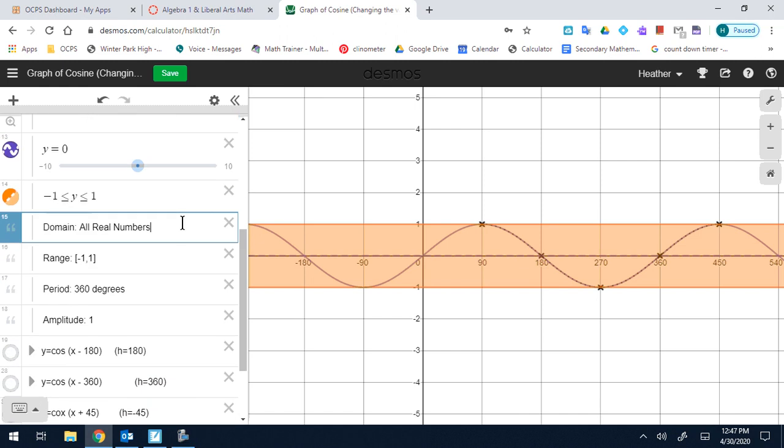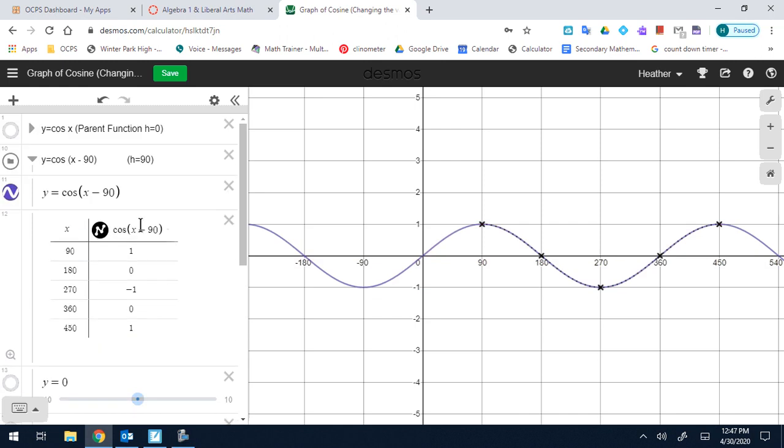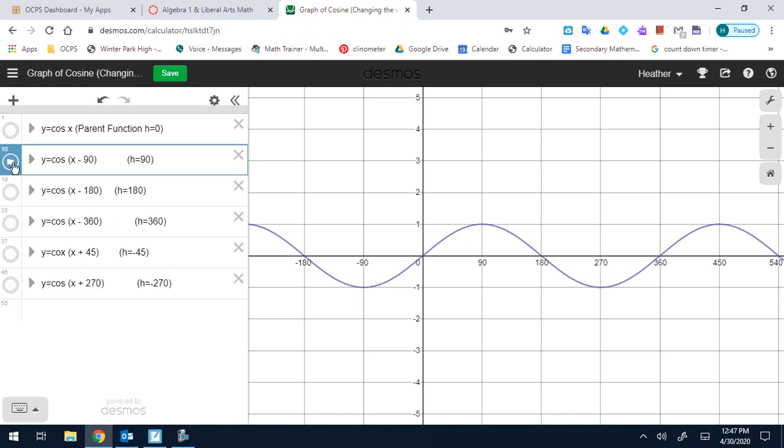Neither did my domain. Nothing changed except for the graph itself. So my domain, my range, the period, the amplitude, all of that stayed the same with that phase shift to the right. My graph looks different, but none of my key features changed, just the actual points. Okay, so that was a shift to the right 90 degrees. And again, it ends up being equal to sine when I shift to the right 90 degrees.